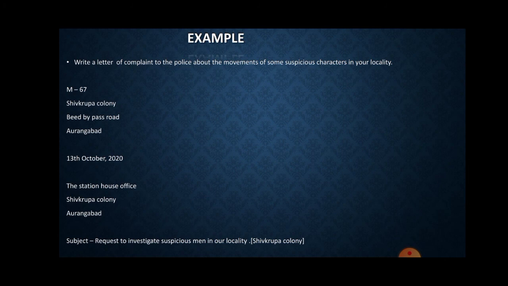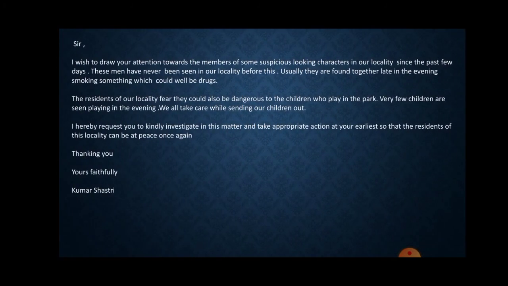Here I have written request to investigate suspicious men in our locality. Now we have to write a letter. As this is a formal letter, the salutation I have used here is Sir. You can also write Dear Sir. Now please pay attention. I am reading.